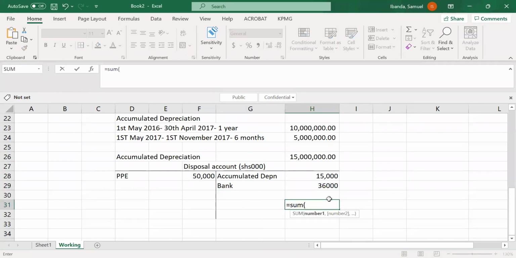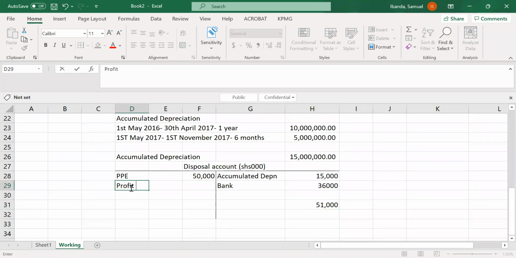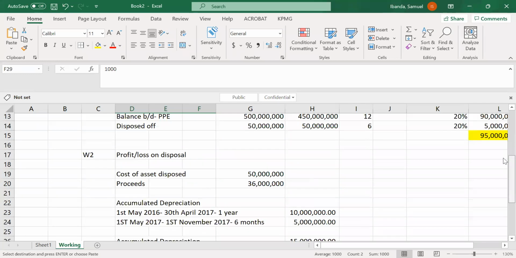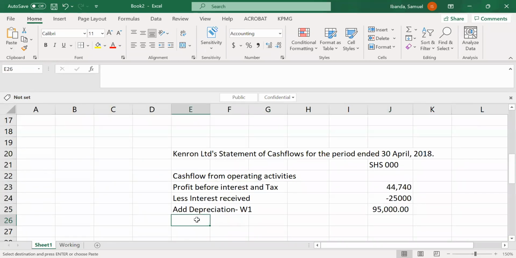When you add these two values, you get 51 here, and here you get 50. So there is a profit. The balancing figure is a profit on disposal of 1,000. So this side will also have the same thing. So this profit on disposal, I'll take it to my cash flow statement and less it.